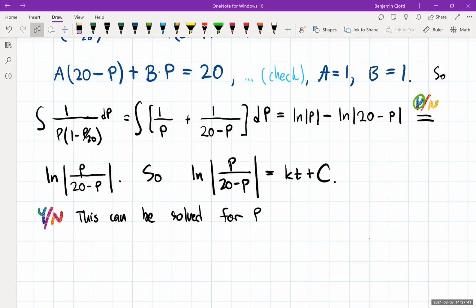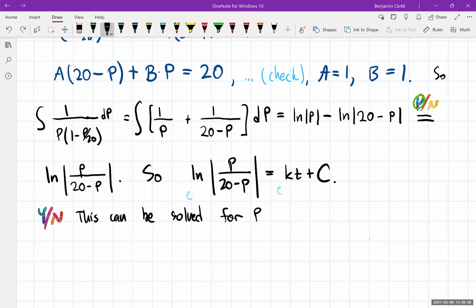Let's find out. The way that we solve for something that's inside a log is we take e to the power of both sides. So e to the power of this whole thing is e to that whole power. And on the left, the e and the ln cancel each other out.